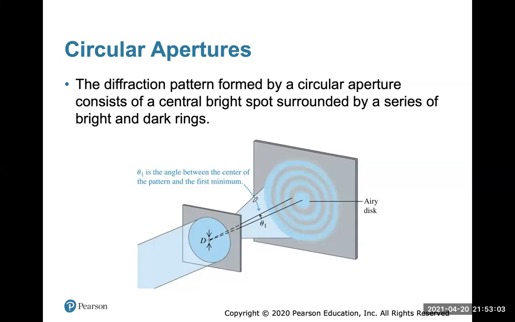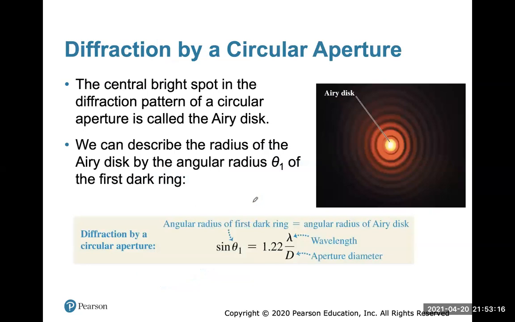Circular apertures, not a linear slit, create interference patterns as well, or I suppose diffraction patterns. This discussion is relevant because the diffraction created by a circular aperture is the reason why our eyes can only resolve certain objects.